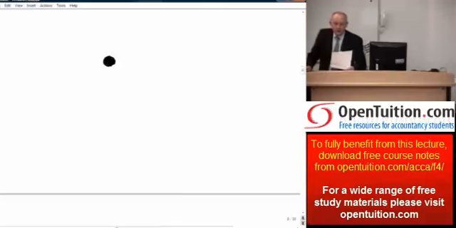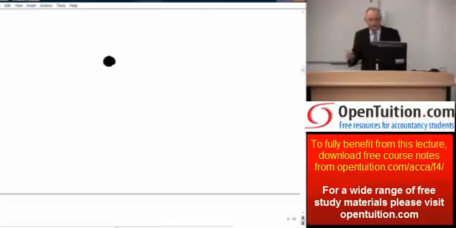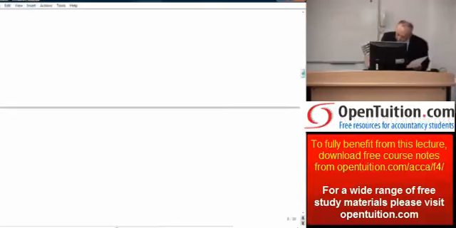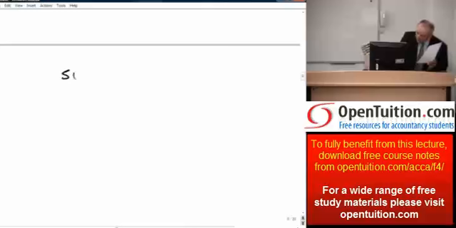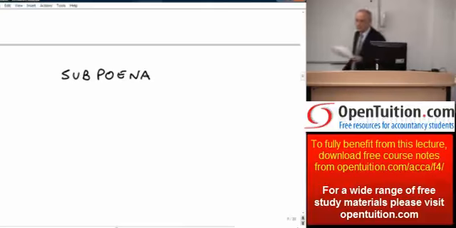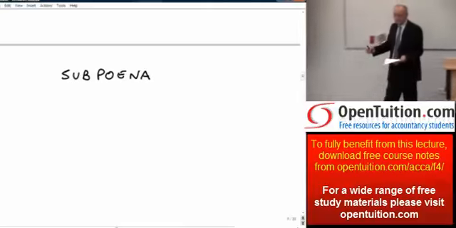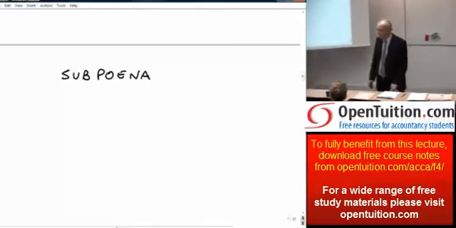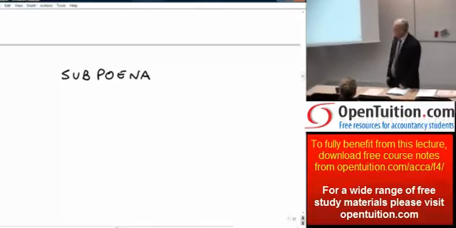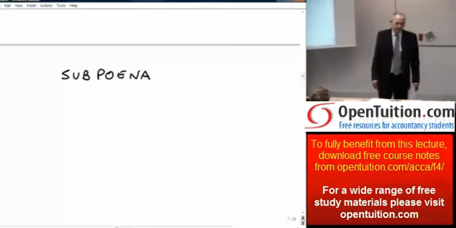So if it's in accordance with a legal duty, now there's a strange word I'm going to write up on the screen here, and I've not the slightest doubt that you've never heard of it. You recognize that, of course? A subpoena, it's called a subpoena.